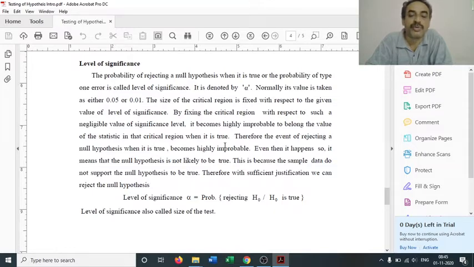So the probability of rejecting H0 when H0 is true is known as the level of significance. This action of rejecting H0 when H0 is true is known as type 1 error, and its probability is known as the level of significance. So what is the level of significance? It is simply a probability of rejecting a true hypothesis.